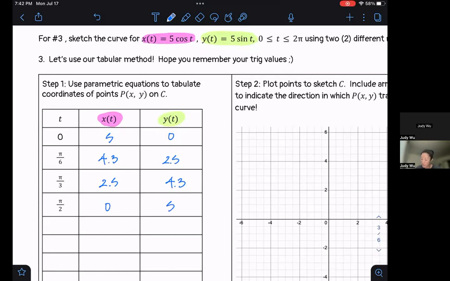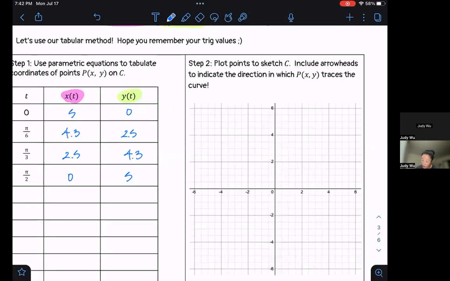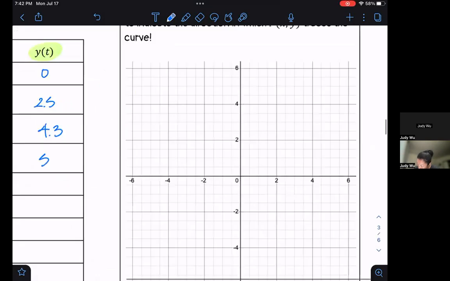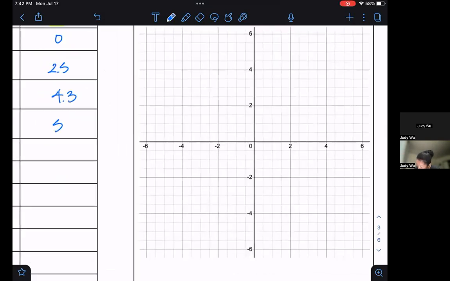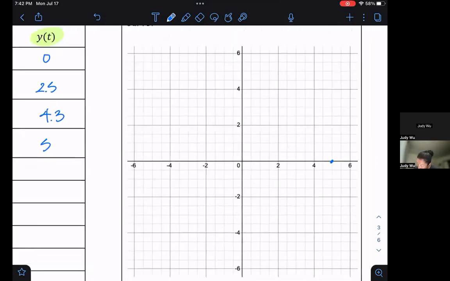Now I'm going to stop here and start plotting some points that we have so far and see if we can see what's happening. The very first point I'm drawing is 5, 0. That's going to be right over here. Then 4.33 and 2.5, so maybe somewhere here.